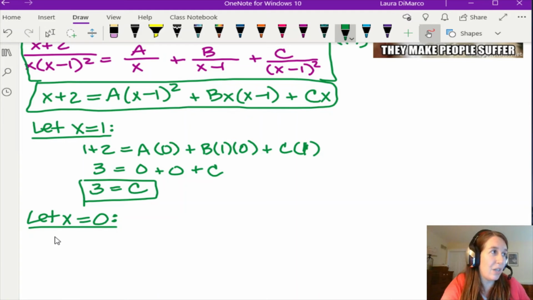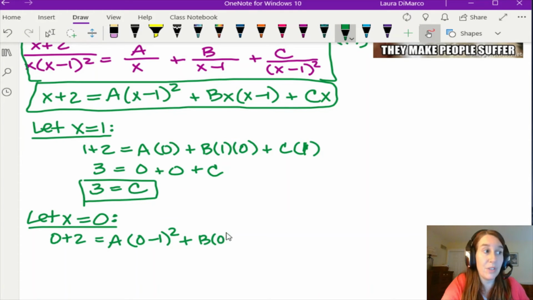So this would be 0 plus 2 equals a times 0 minus 1 squared plus b times 0 minus 1, just 0 minus 1, plus c times 0. You can put in the 3 if you want. It doesn't really matter because it's going to be times 0.